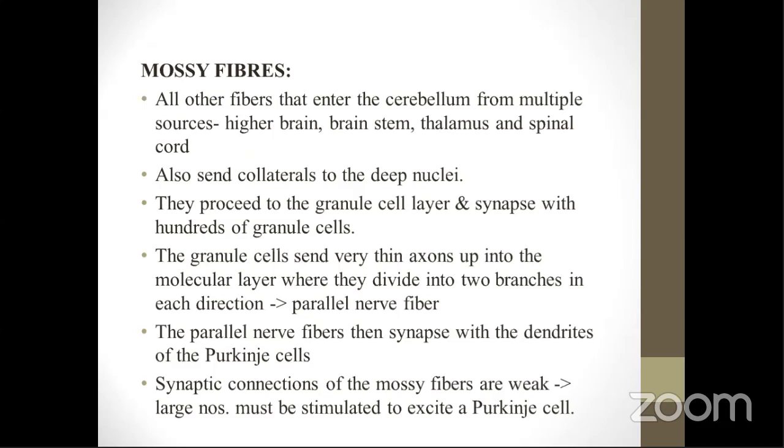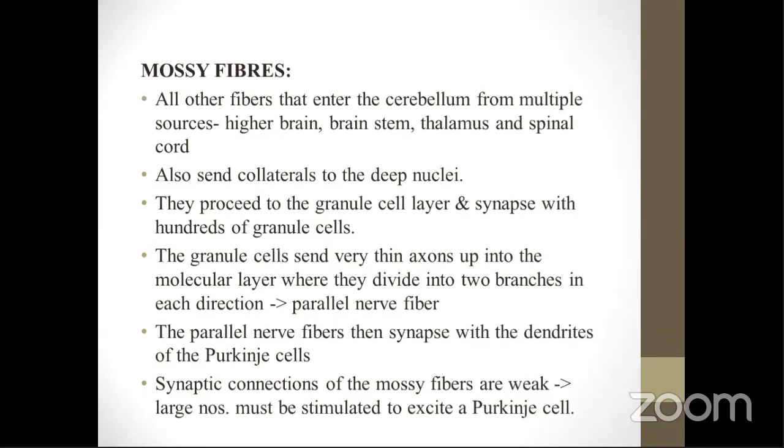Now the second input is mossy fibers. The climbing fibers are coming only from the inferior olivary nucleus. Apart from that, whatever inputs come from higher brain, brainstem, thalamus, and spinal cord, all the inputs enter the cerebellum via these mossy fibers.